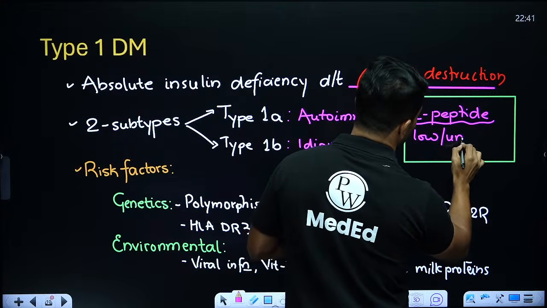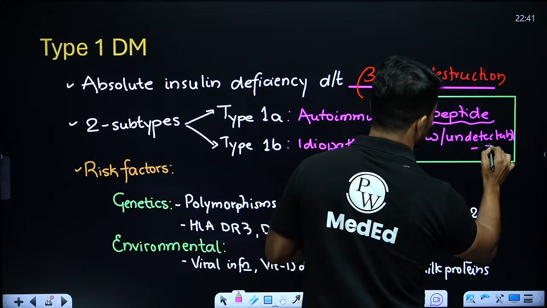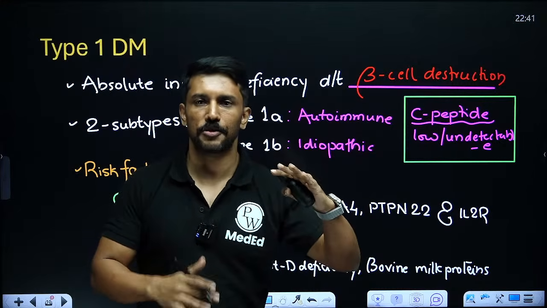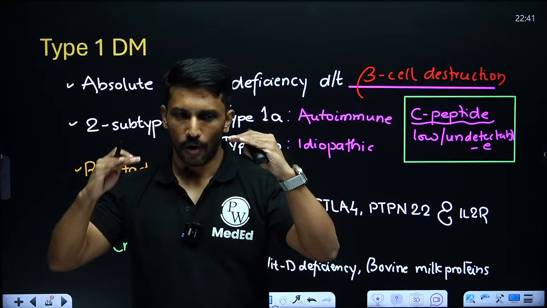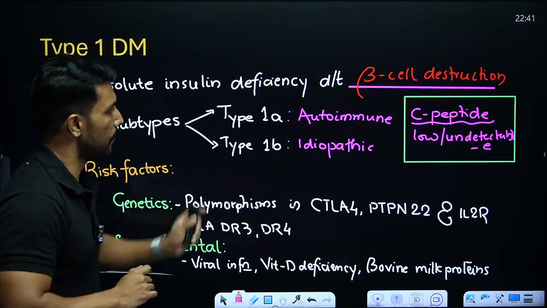But what if I do it for type 2 diabetes mellitus? For a type 2 diabetes mellitus patient, C-peptide, at least in the initial stages, is going to be normal or maybe high. Why high? I'll discuss that later.